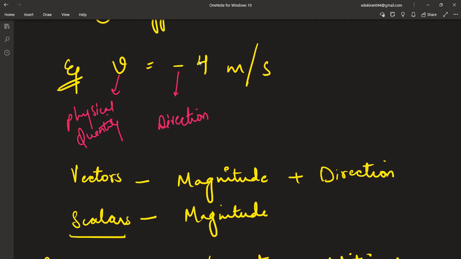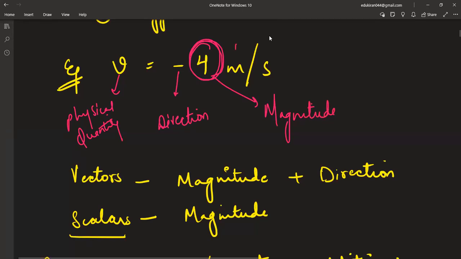Here it is written minus 4, but I'll ignore the minus sign and just focus on the number 4. Whether it's plus 4 or minus 4, the number 4 is the magnitude. And meter per second is the SI unit.